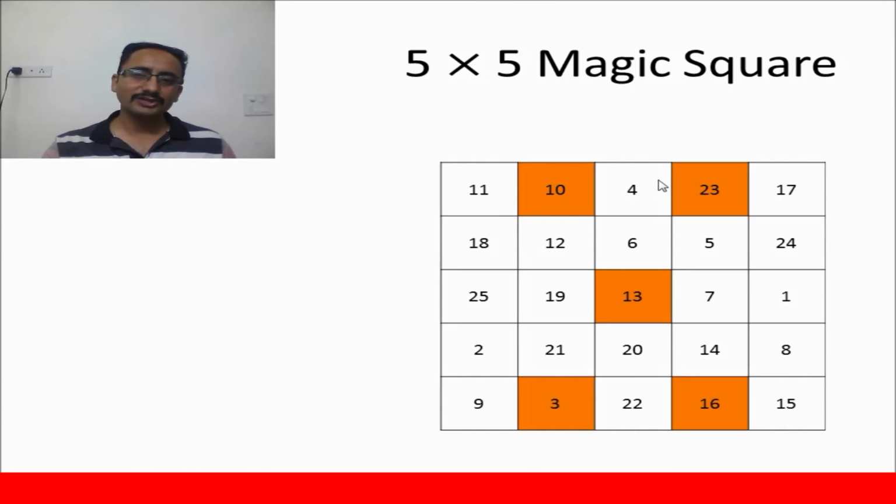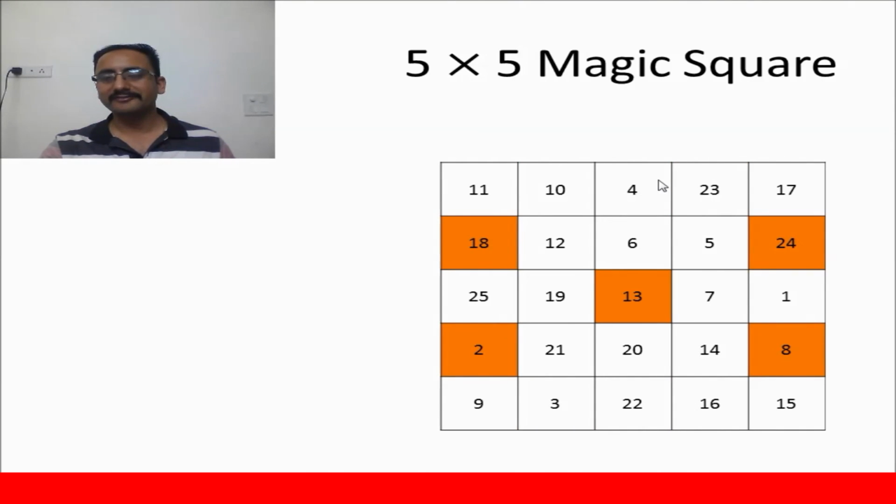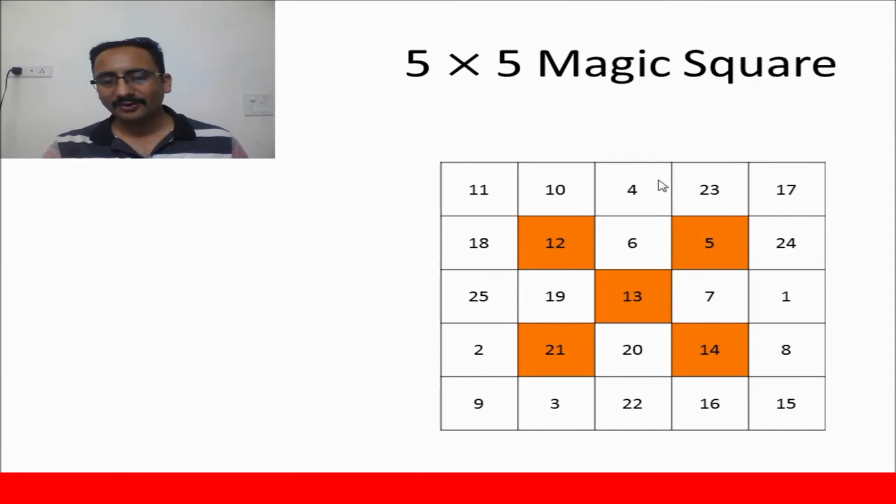Now if I change the symmetry, if instead of taking columns, I go row wise, these elements will also give me sum 65. And here is another way the sum 65 can be obtained.